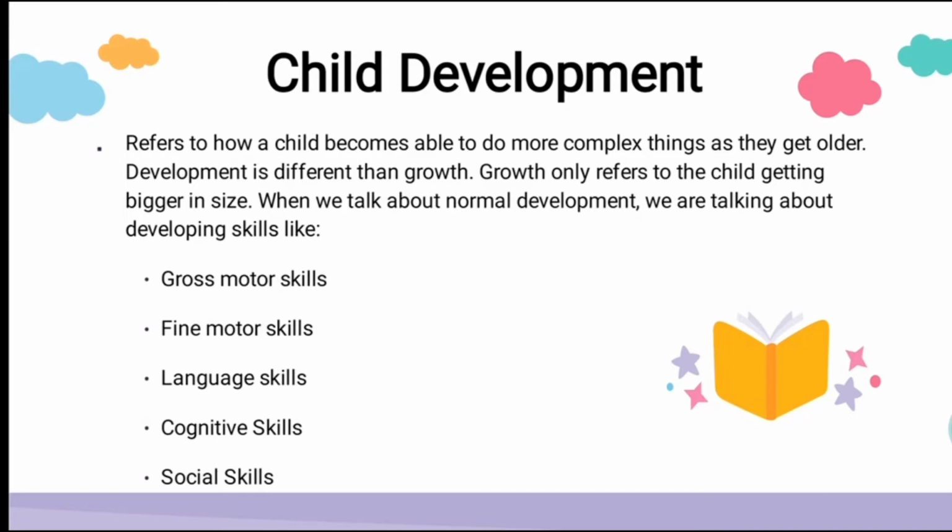Development is different than growth. Growth only refers to the child getting bigger in size, and when we talk about normal development, we are talking about developing skills like what I have mentioned earlier: gross motor skills, fine motor skills, language skills, cognitive skills, and social skills.